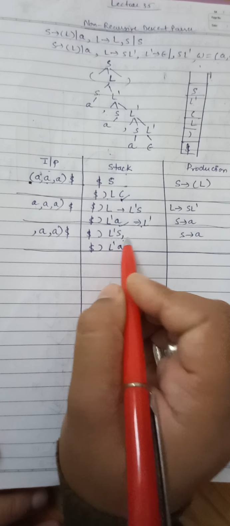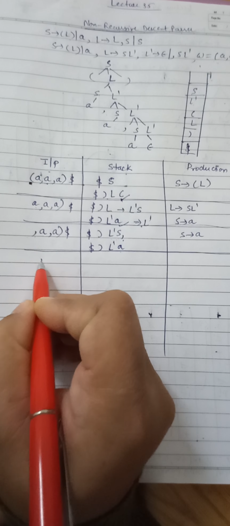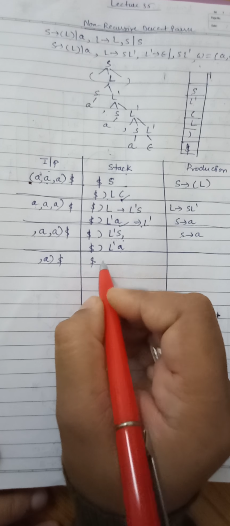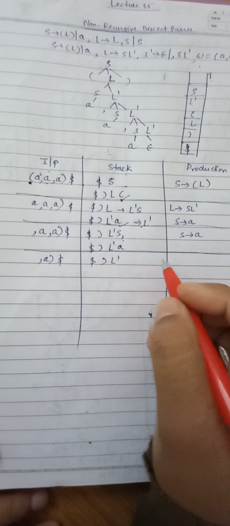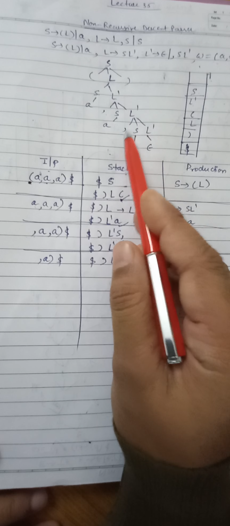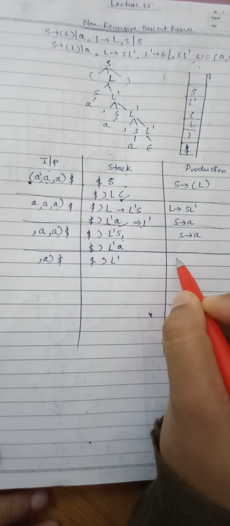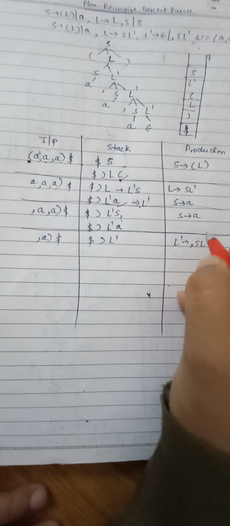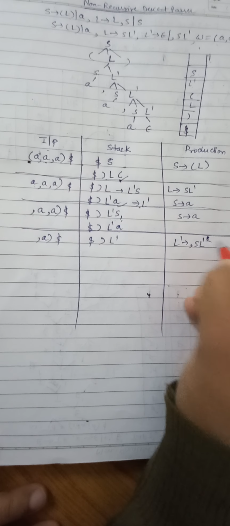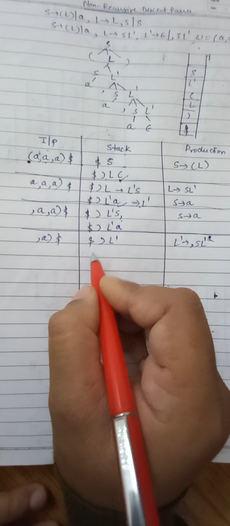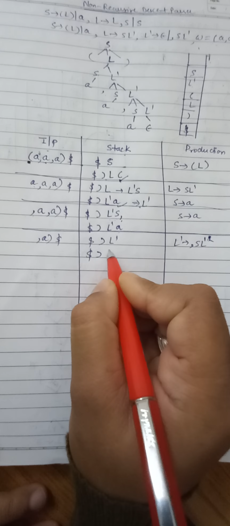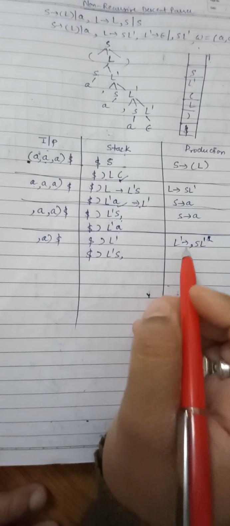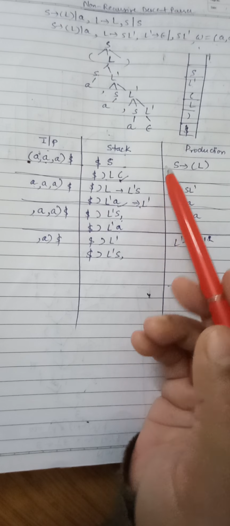So comma is over, A is over, so what is left is comma A and dollar, and here comma L dash. So again L dash tends to comma SL dash we will take. Instead of L dash we will write L dash S comma, because we write in the opposite direction.